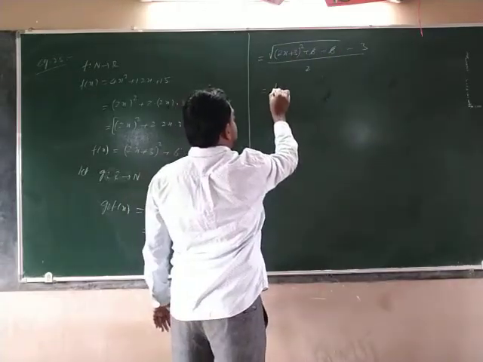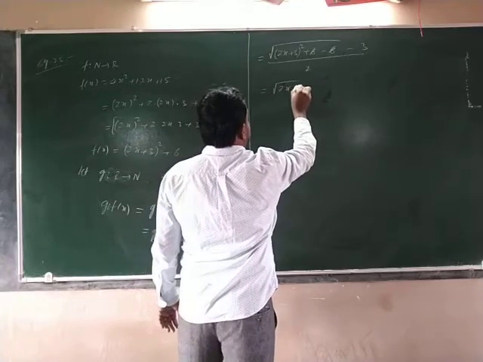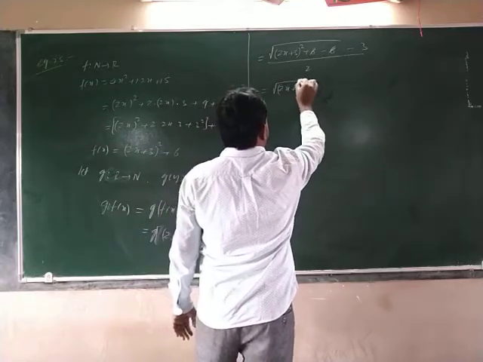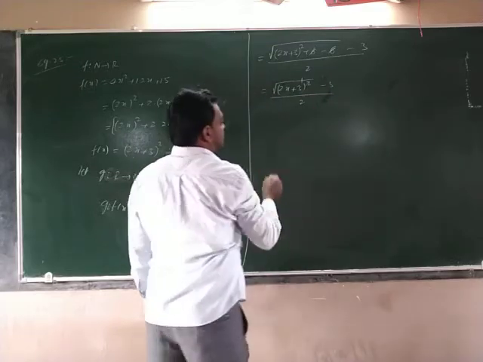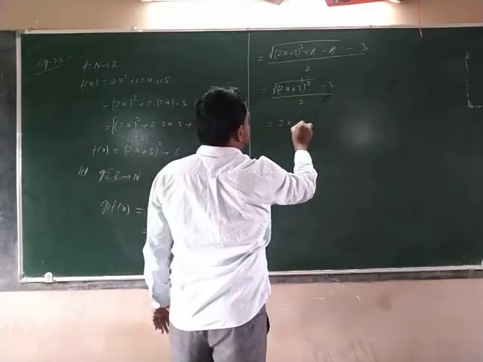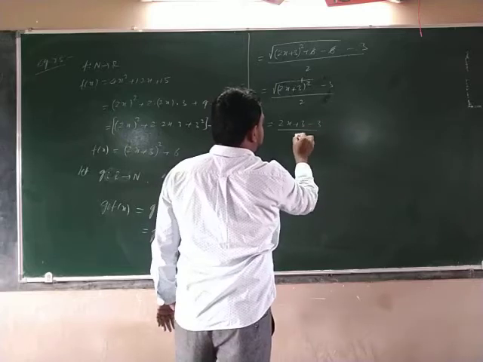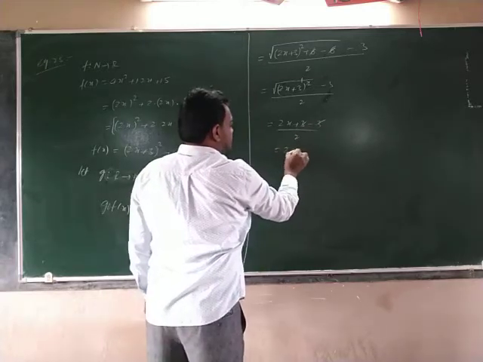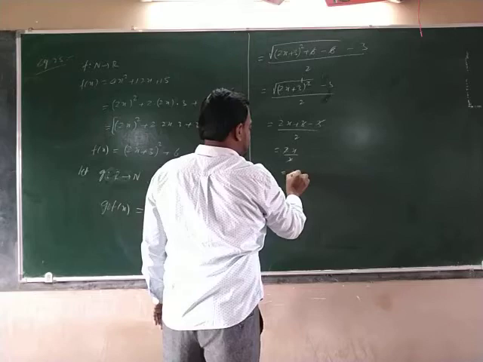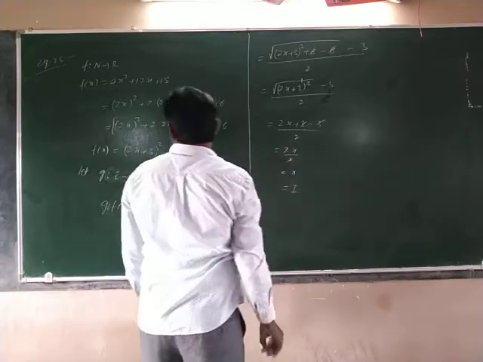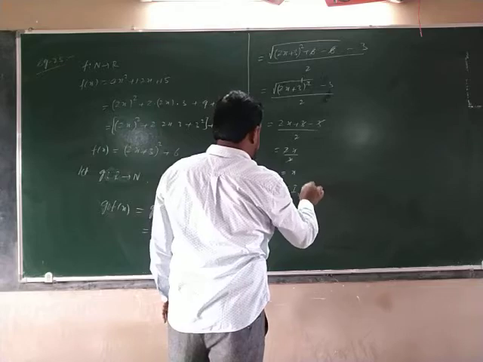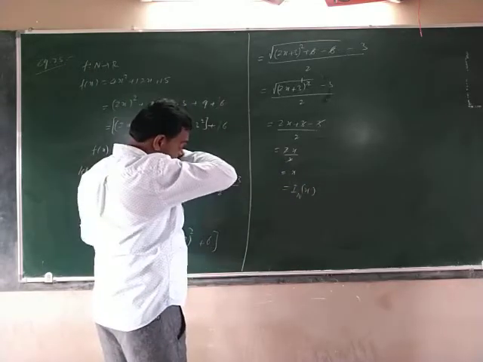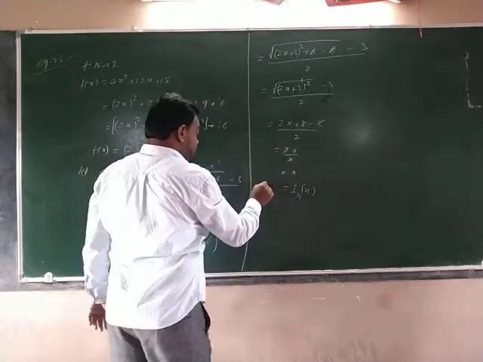This is equal to square root of 2x plus 3 whole square minus 3 by 2. Here square root gets cancelled. This is equal to 2x plus 3 minus 3 by 2. 3 gets cancelled. 2x by 2 gets cancelled. x is equal to, we can write as I_N of x.